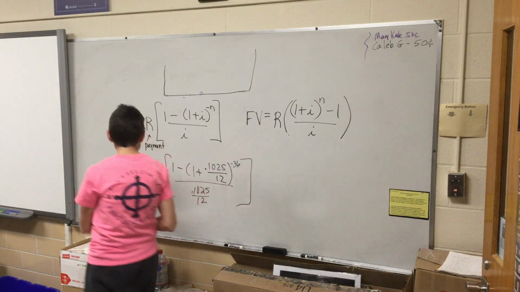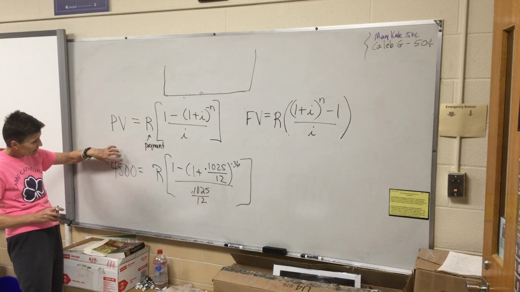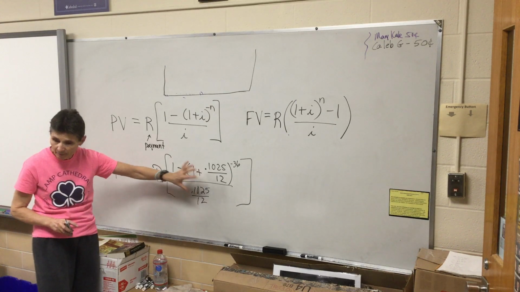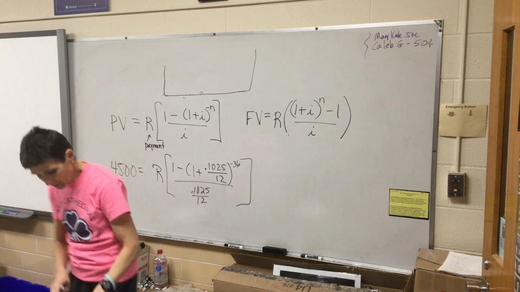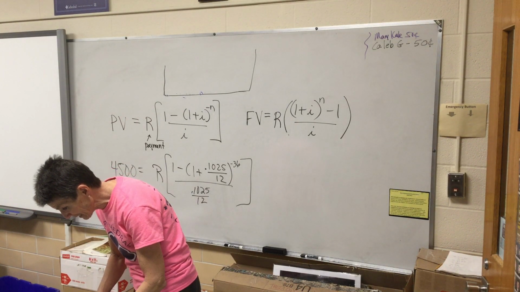Now, I am solving for R, so does it make sense to you that you're just going to take 4,500 and divide it by that number? So I'm going to do 4,500 divided by second answer.